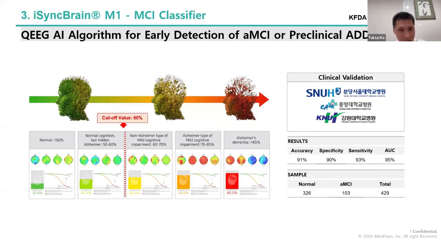Because I have seen many people with 60% above results. So, can I diagnose them as MCI or not?